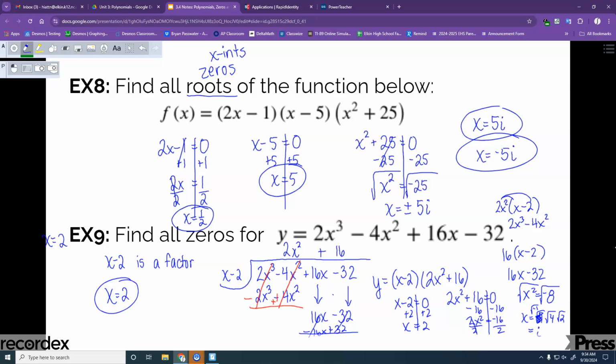Square root of 4 is 2. And we cannot take the square root of 2, so we just leave it alone. They are probably going to write this as, and I should be putting a plus or minus here, plus or minus 2i square root of 2. That's actually two different zeros because it's a positive and a negative of that same value.